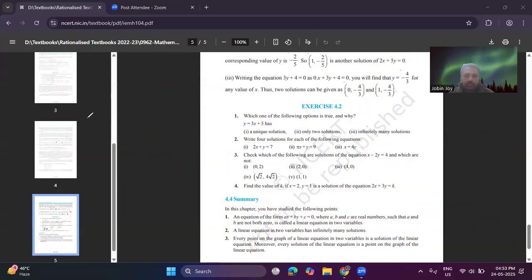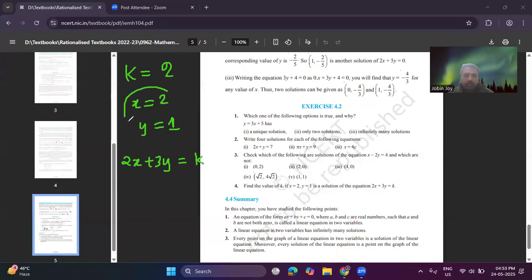Then last question from this chapter, find the value of k. What is the value of k? X equal to 2, y is equal to 1 is a solution of the equation 2x plus 3y is equal to k. So x equal to 2 and y equal to 1 is a solution. That means LHS is equal to RHS, right?